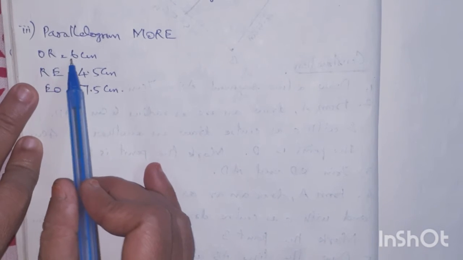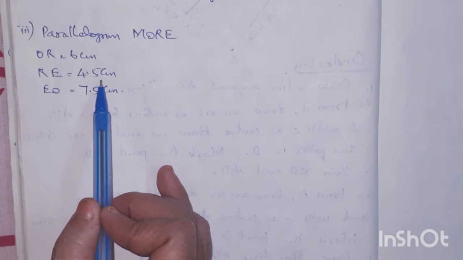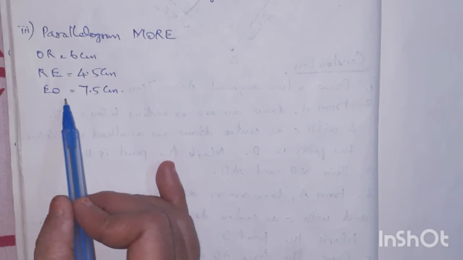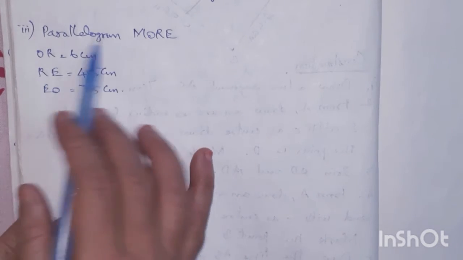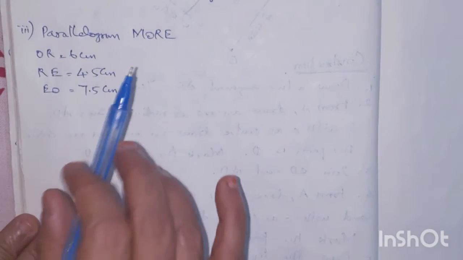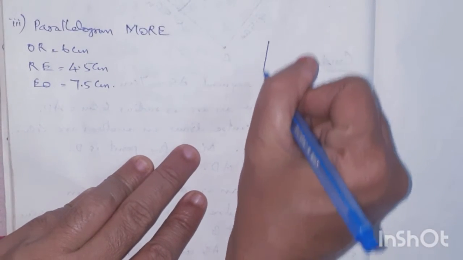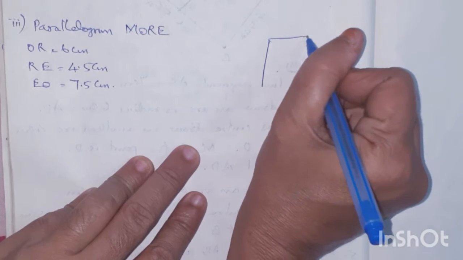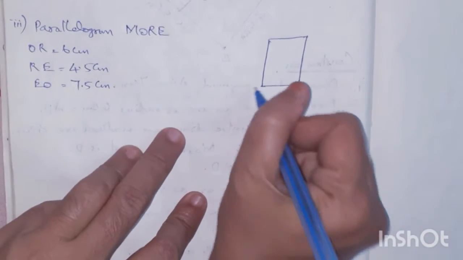Given that OR equal to 6 centimeter, RE equal to 4.5 centimeter and EO equal to 7.5 centimeter. Parallelogram means opposite sides are equal. We know that. Now MORE.